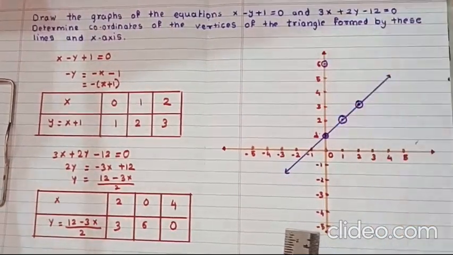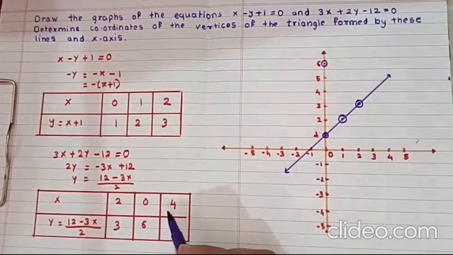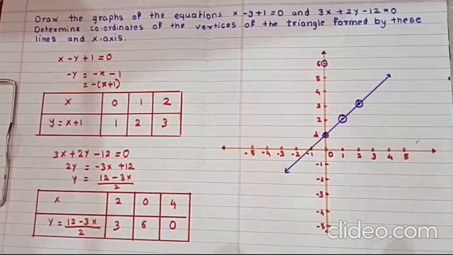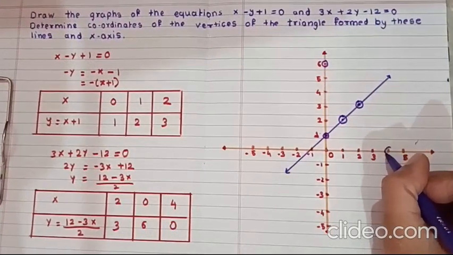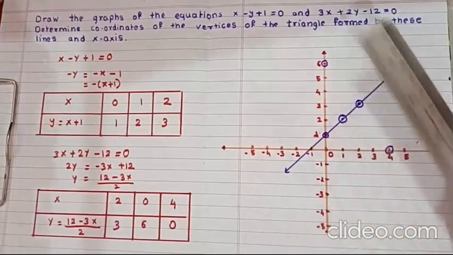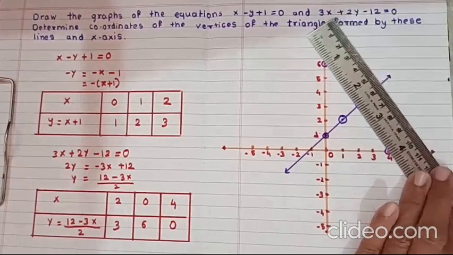This will be my second point, x 0, y 6. And 4, 0: if x is 4, y is 0. I will join these 3 points.